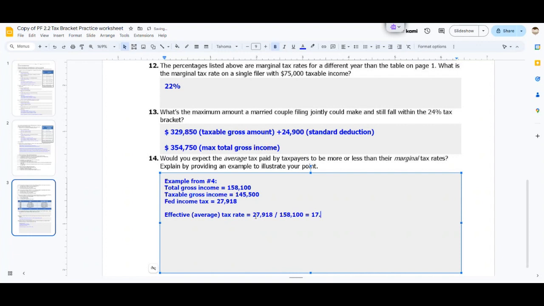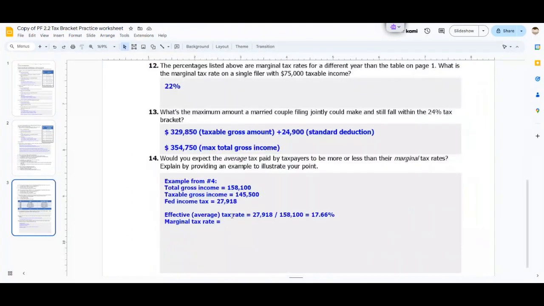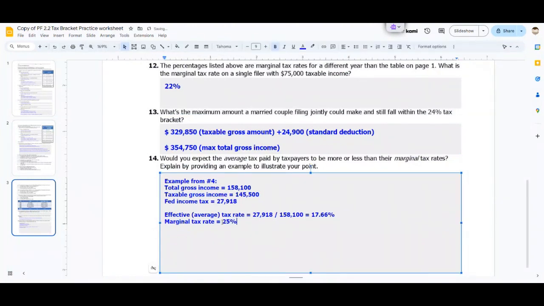And that equals 17.66%. Their marginal rate was whatever tax bracket they fell into, right? And we saw that they fell into this 25% marginal tax bracket. All right. So we can see that the effective rate is much less than their marginal rate.